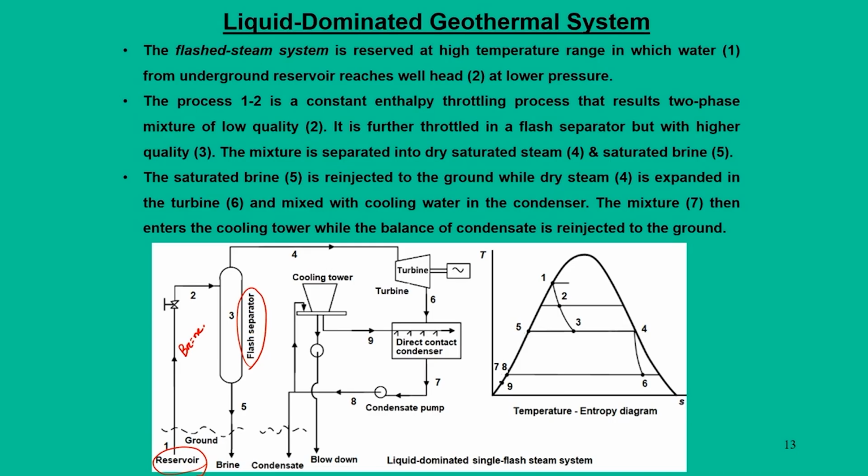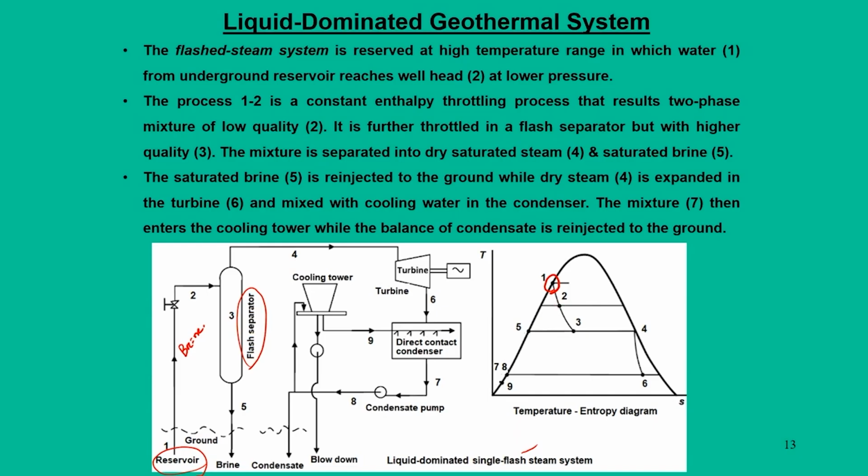In a single flash system, the same working fluid will be used in our thermodynamic cycle, which is fed to the turbine. So, whatever water or brine is available in the saturated liquid form is state 1, and when you take out this brine, there is a drop in pressure. So, the first pressure drop takes place from 1 to 2.